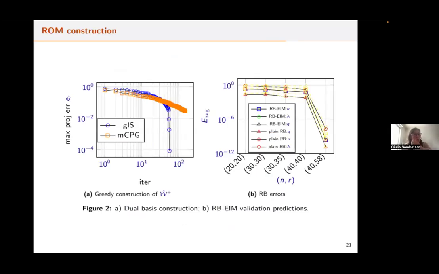Okay, here I'm presenting the construction of the dual reduced basis. On the left, I'm comparing the greedy index selection algorithm with the orange one, which is the existing algorithm in the literature. I'm computing the maximum projection error with respect to the iterations of the algorithm, and the total number of iterations then gives the total dimension of the dual basis.